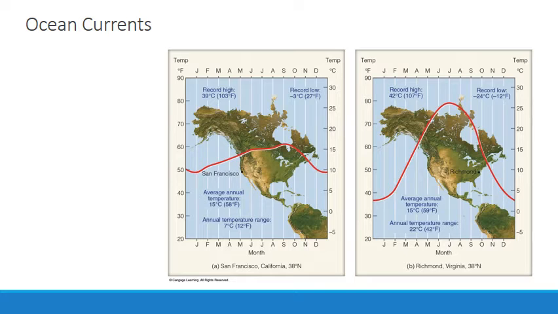Richmond has much higher summer temperatures than San Francisco because it's adjacent to the warm Gulf Stream, and much lower winter temperatures because, firstly, the effects of the Gulf Stream aren't felt so much in the winter, but also because San Francisco is adjacent to a cool, not cold, Pacific gyre.